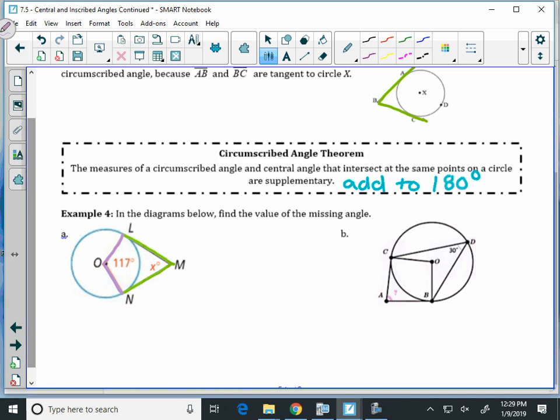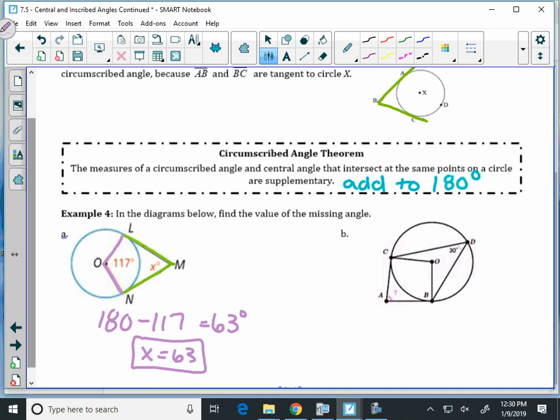180. So what can we do with 117 to figure out what x is? Subtract it. Just do 180 minus 117, and that gives us what? 63. Okay. So I know x is equal to 63. Correct?